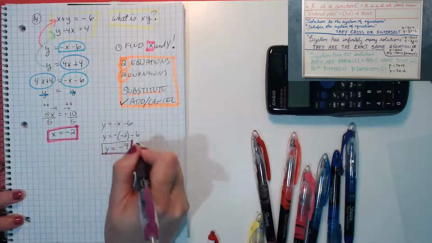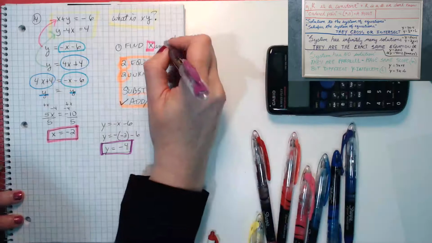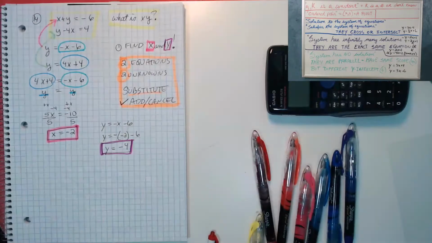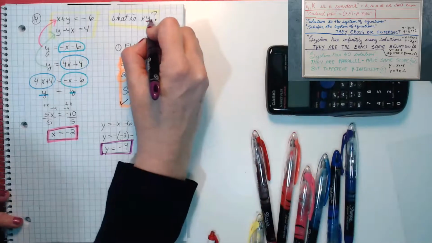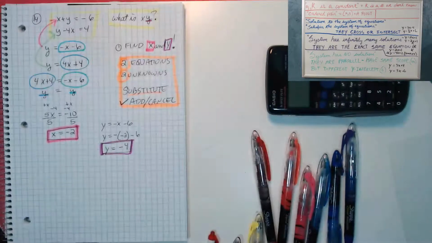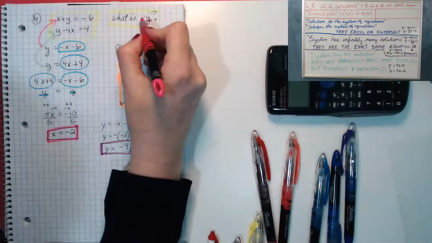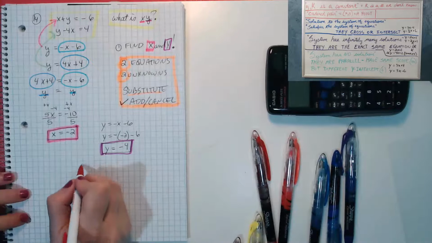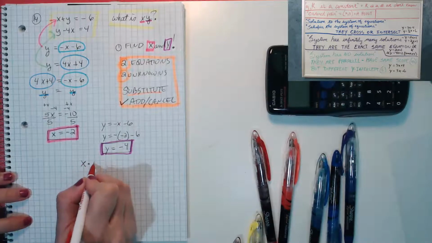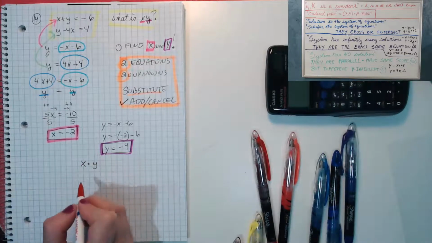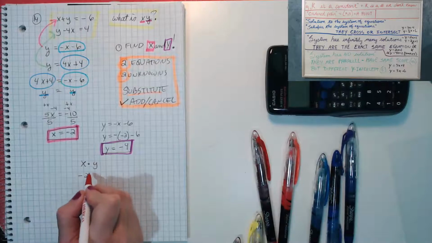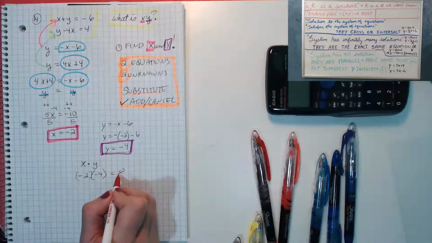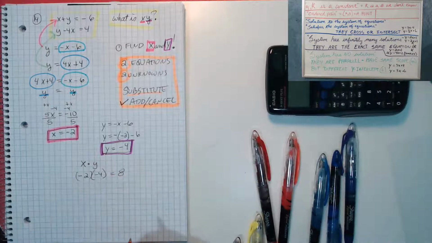What they want up here is what is x times y. So x times y is negative 2 times negative 4, which is positive 8.